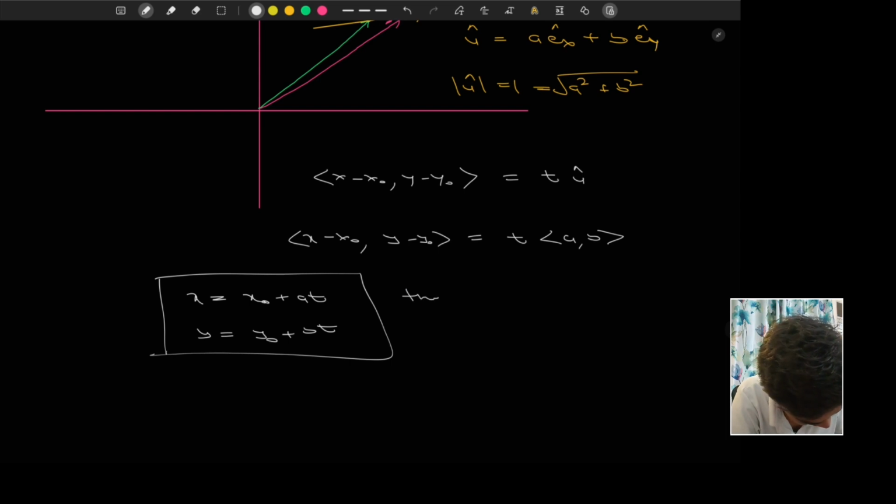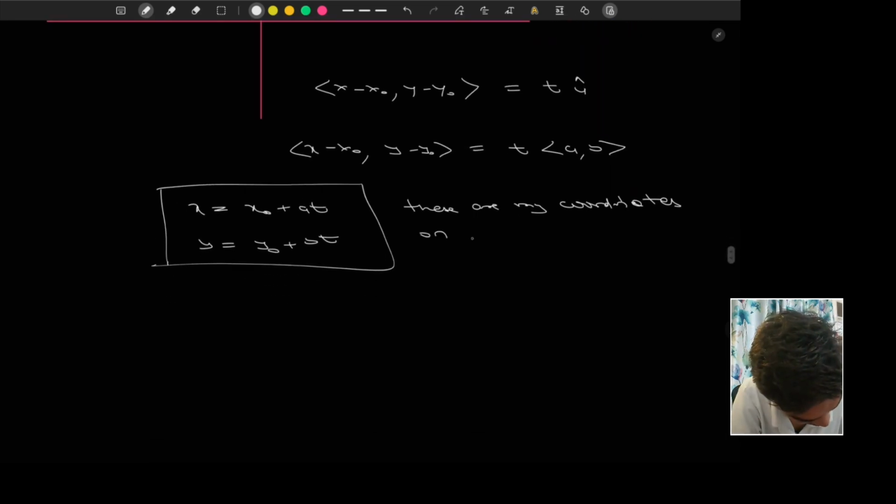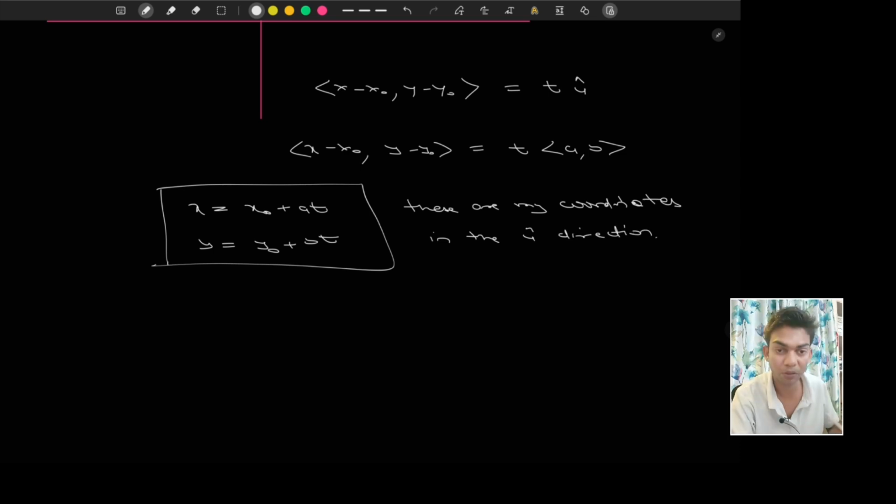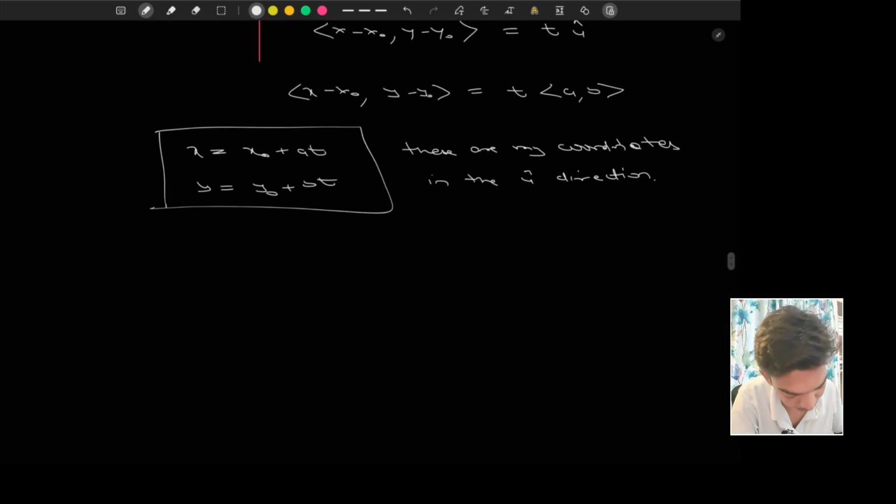So these are my coordinates in the u direction. That means if I move in the direction of u, then my x and y coordinates are given in terms of x0, y0 and a and b.